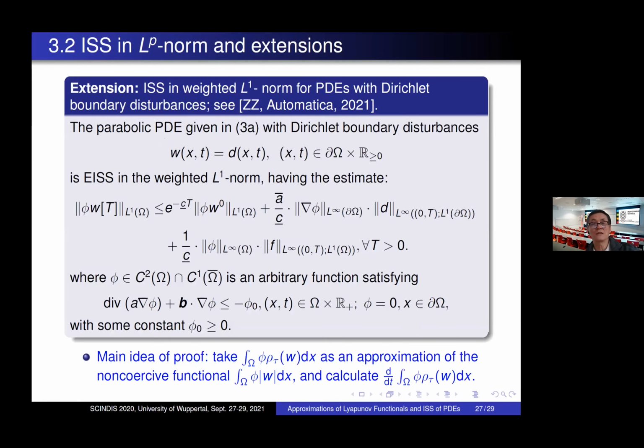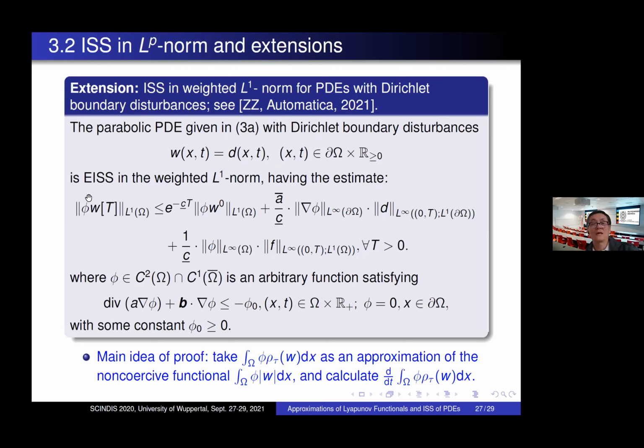We can extend the same technique to establish other types of ISS. The first one is that we can also establish the ISS in weighted L1 norm for the semilinear PDEs with Dirichlet boundary disturbances. Specifically, we consider the same parabolic equations with the Dirichlet boundary condition given here.